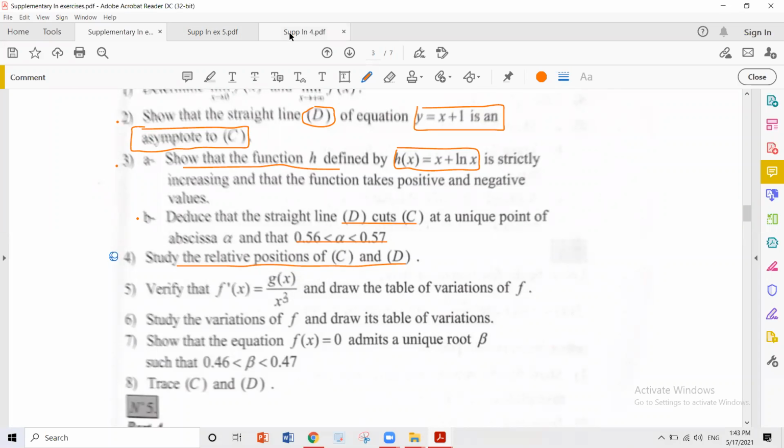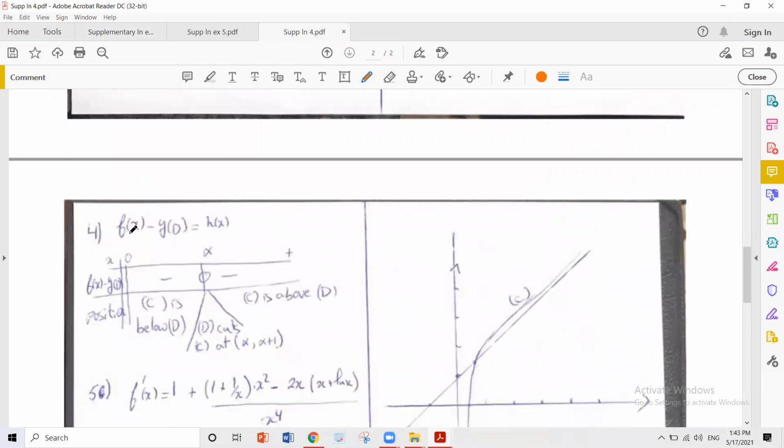We make a sign table. f(x) minus y_D equal h(x). Before alpha it is negative, after alpha it is positive. Negative, C is below D. Positive, C is above D. Here D cuts C at alpha plus 1.